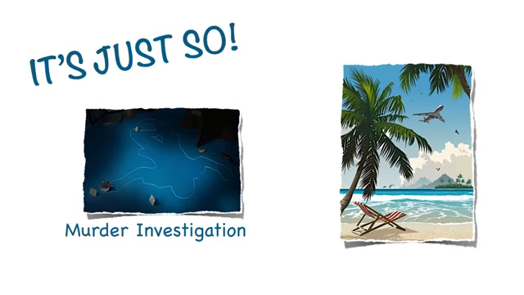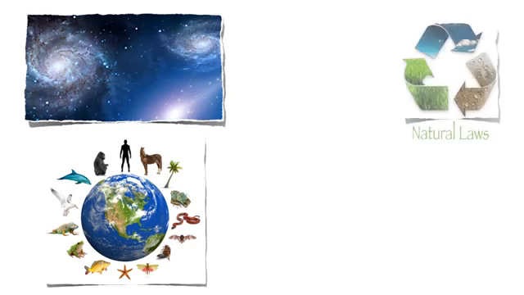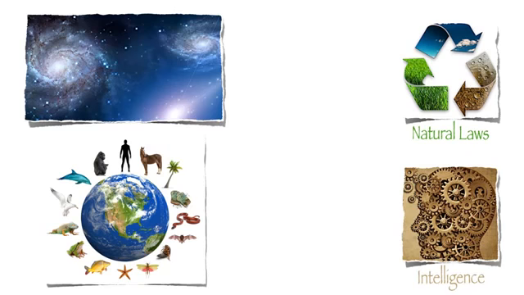Now, as silly as this illustration is, this is the point. Many Darwinists do essentially the same thing when it comes to determining the origin of the universe and life. They rule out intelligence as a possible cause before they even begin to investigate. As we learned, there are only 2 possible causes for anything: non-intelligent natural causes and intelligent causes.